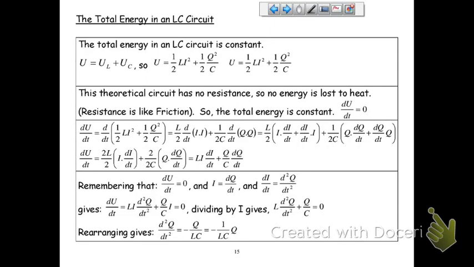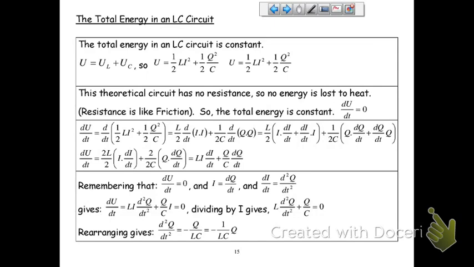And if we remember that the total energy doesn't change, so dU by dt equals 0. And if you remember that I equals dq by dt, and also that di by dt equals d2q by dt squared, then we substitute that in and we get dU by dt equals L I d2q by dt squared plus q over C times I. Dividing by I gives us L d2q by dt squared plus q over C. So now we've got a differential equation in terms of q.